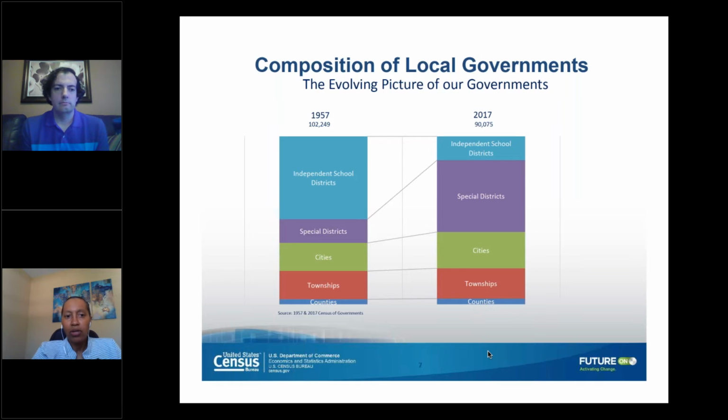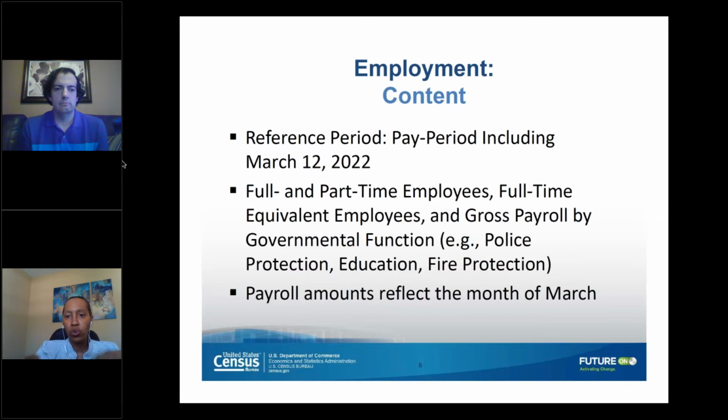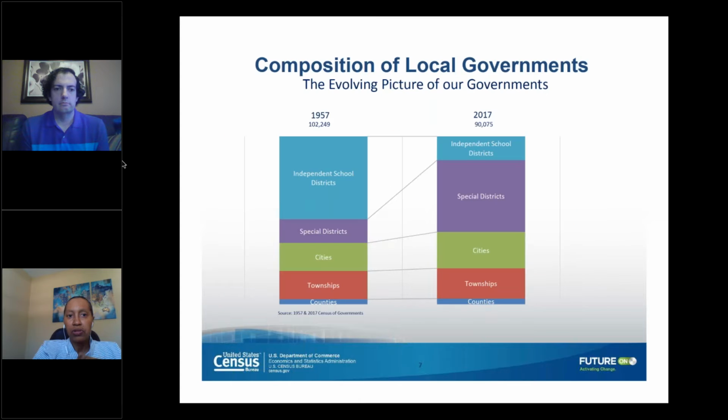Like I was saying, when we look at the 2012 and 2017 census, the difference was very small. But as we're looking at the composition of local governments, you can see back in 1957, a large chunk of the governments were comprised of independent school districts. Now in 2017, a large chunk of the governments are special districts. These are independent governments that are created for a specific purpose.